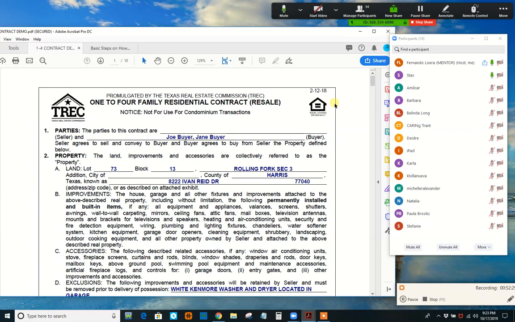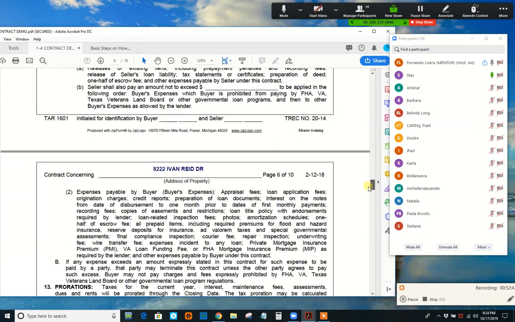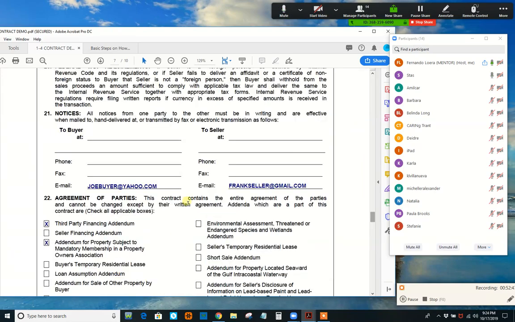But let's just say, is your question more like if the contract is already executed and you found an error? So let's say not an error, but I want to add some additional information on it. Sure. Every time you add something to a contract, let's just say you want to add some information here, or it's the wrong address, the wrong email. Just do a strikeout.